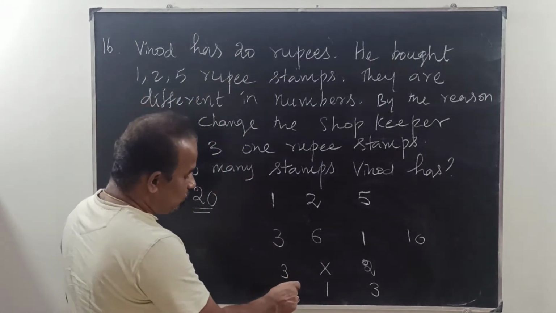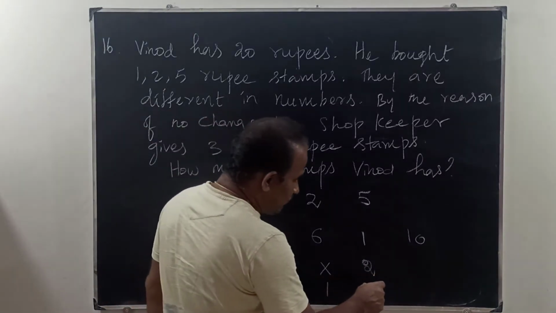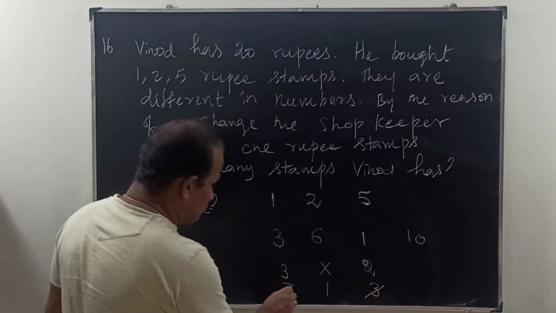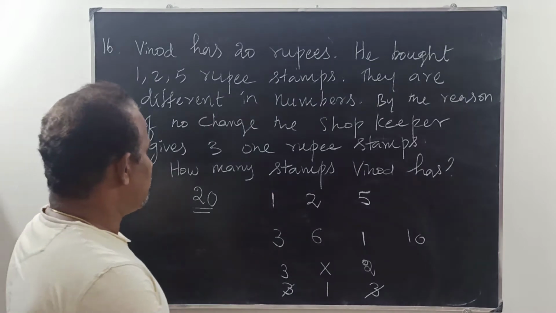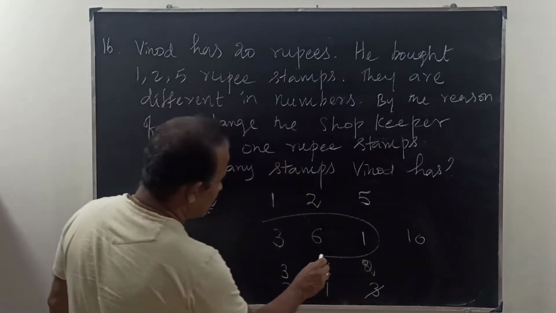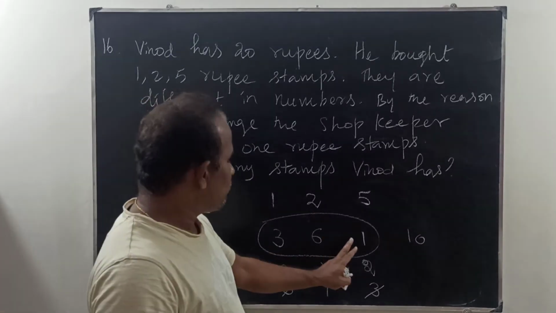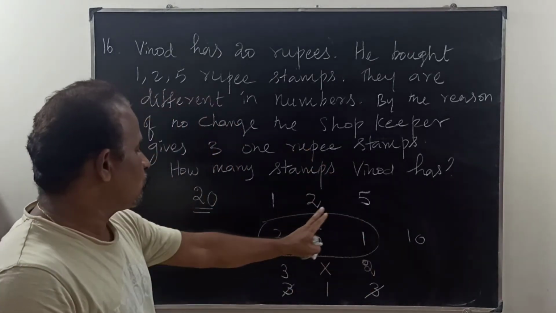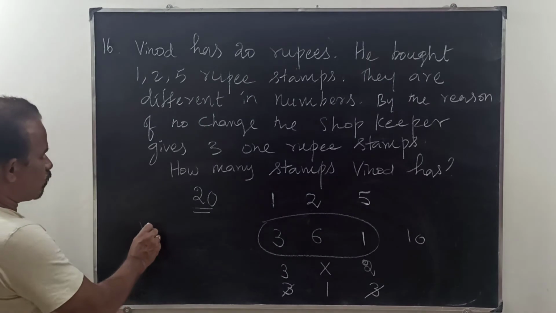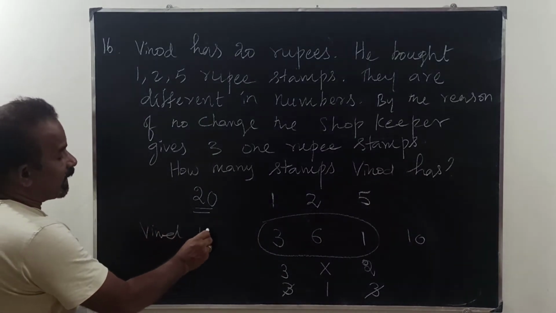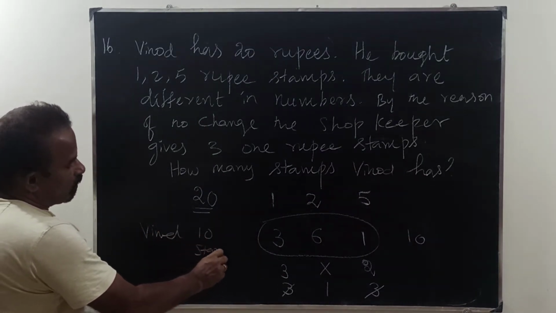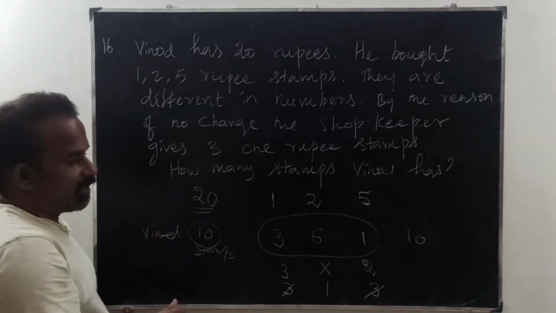This is also not possible. So therefore the only possibility is 3 1 rupee stamps, 6 2 rupee stamps and 1 5 rupee stamp. So totally Vinod has 10 stamps. The answer is 10.